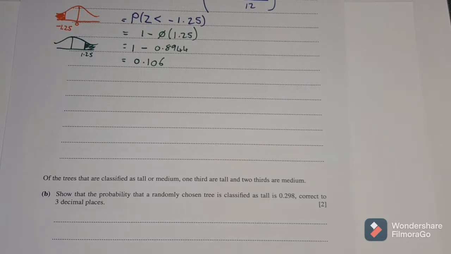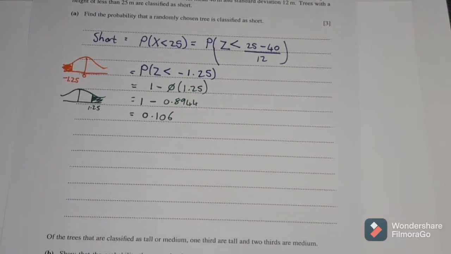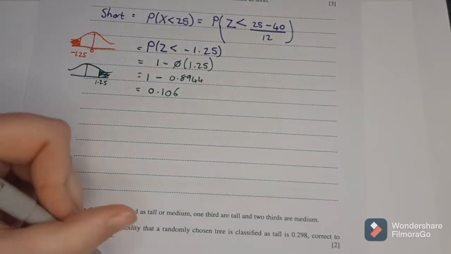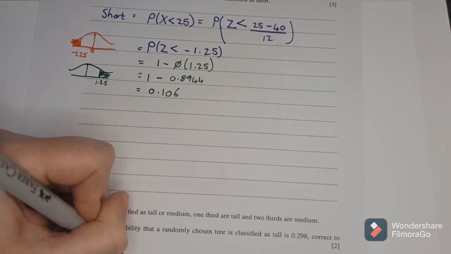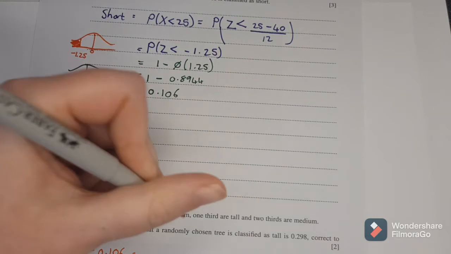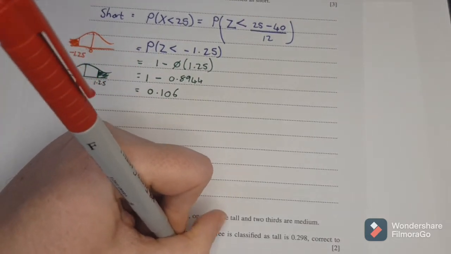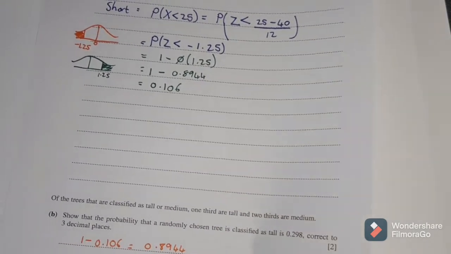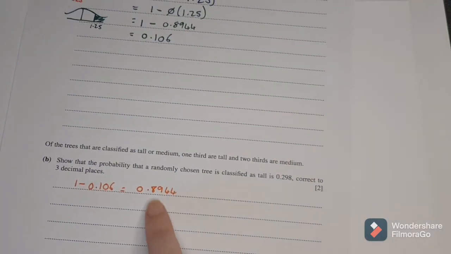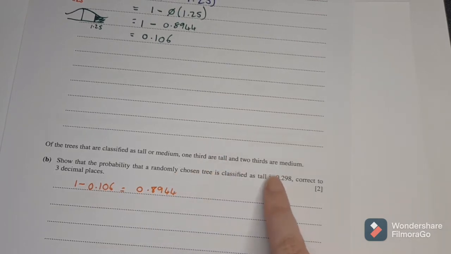So if this is the probability of having short, I can say 1 minus that is going to give me my answer for everything that is medium and tall. Now that's the combined for medium and tall, and we've said 1/3 is tall and 2/3 is medium.